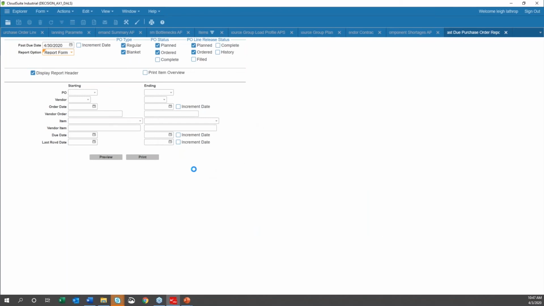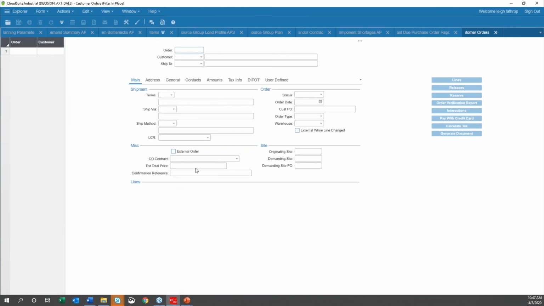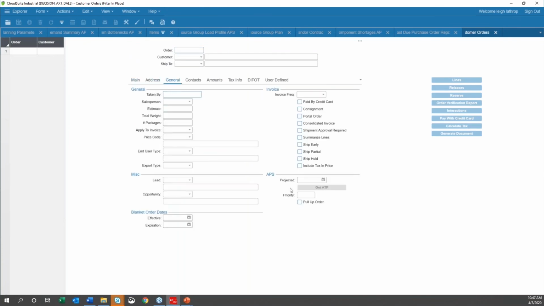There's a button on here in an APS environment, and the button says pull up order. If I have managed request dates on the customer order lines, and if materials and resources become available to me, this pull up order will attempt to pull an order back into the request date.